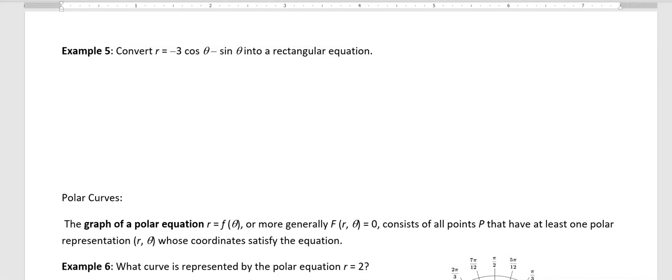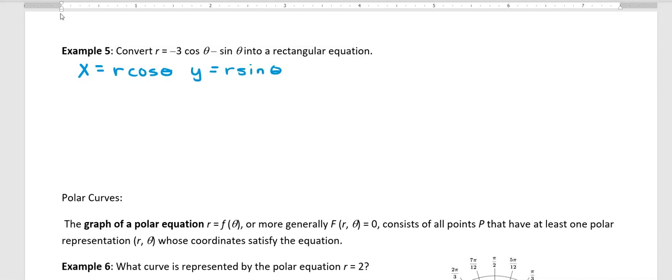Now, for example 5, we're still going to be converting this to the other form from polar to rectangular. However, we're going to have to use an extra idea that we haven't used in the first two examples of converting equations. So we're still going to use those two equations that we have, our cosine of theta and our sine of theta.